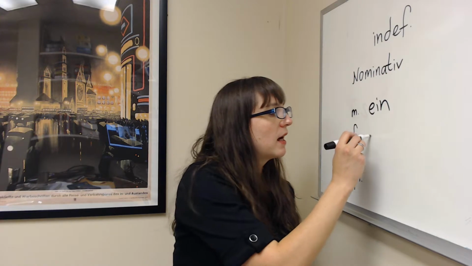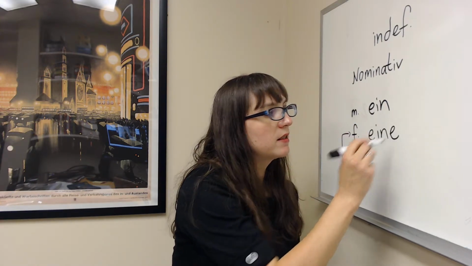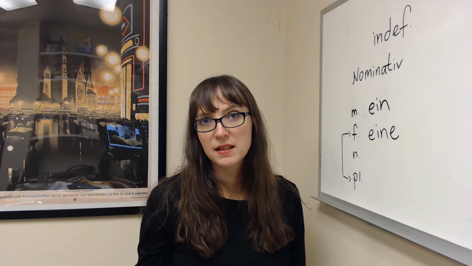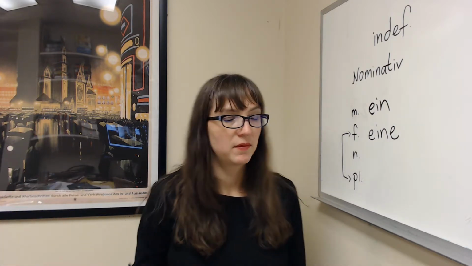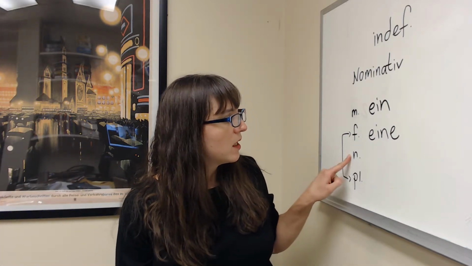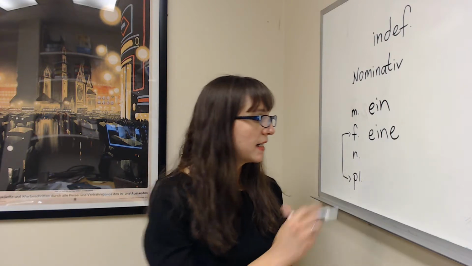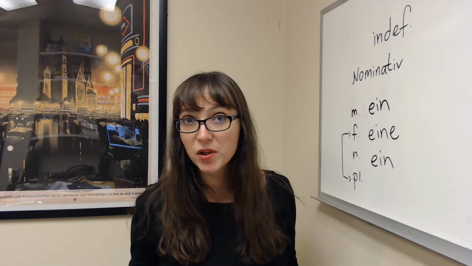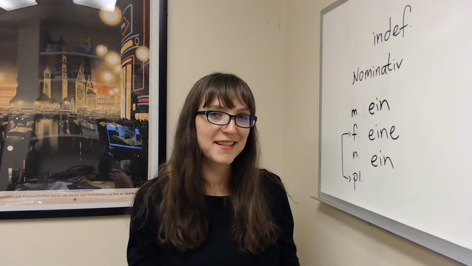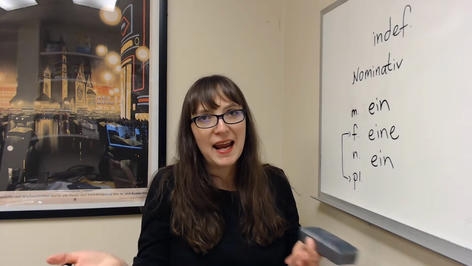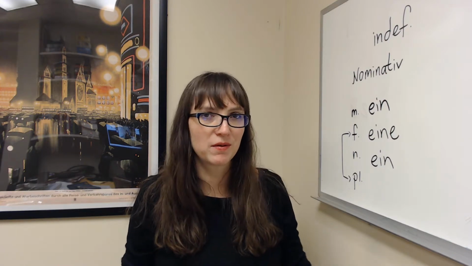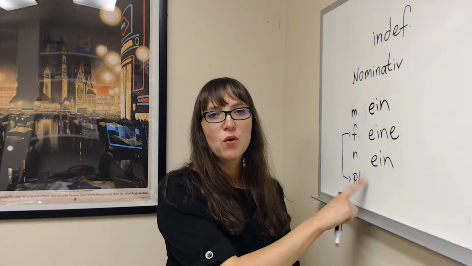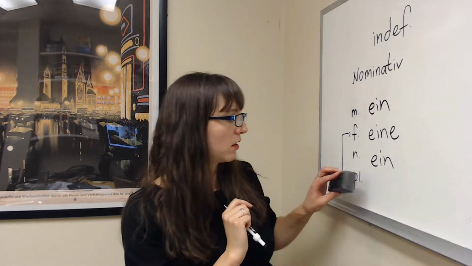Or eine for feminine, there's an e ending at the end of it. So eine Studentin ist da, a student is there. For neuter, it's ein again, no ending. And what is it for plural? It is non-existent, because you can't say a students or a classes or something like that. So there is no plural indefinite article. It doesn't exist.